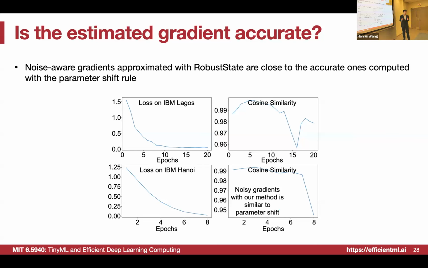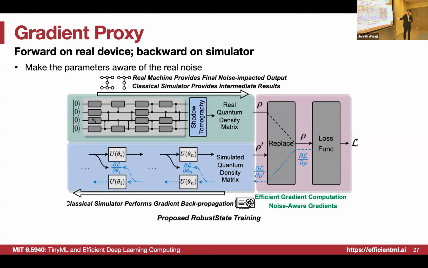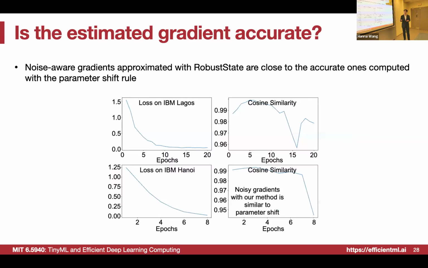So you may ask whether using this estimated gradient is very accurate or not, because we can see the previous layers actually don't have any noise, and we directly use the noisy result at the end. Would that cause some problem? So we compare this estimation of the gradient versus the most accurate result, which is using the parameter shift rule to run for each of the parameters.